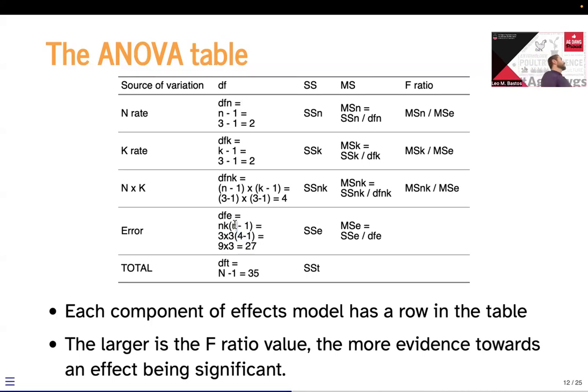If we increase the number of replications, we're going to have more degrees of freedom going into the error, which is a great thing because the more degrees of freedom we have in the error, which is this component here, the smaller mean square error we're going to have, and the smaller mean square error we have is going to help us make this F ratio greater, right?